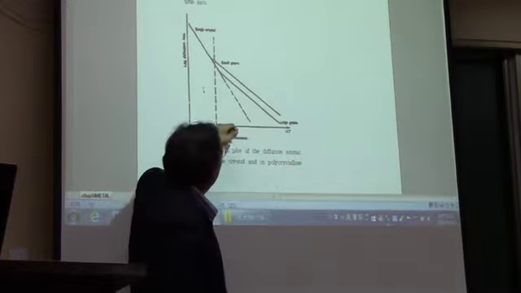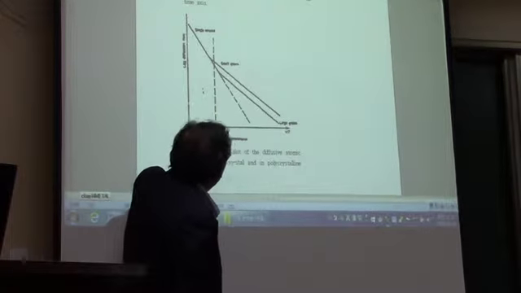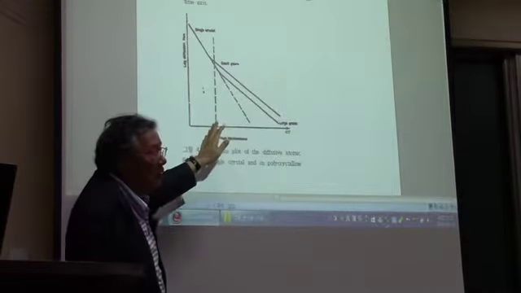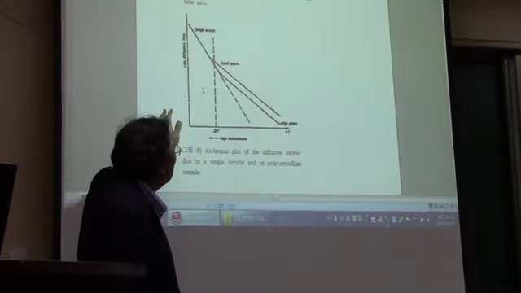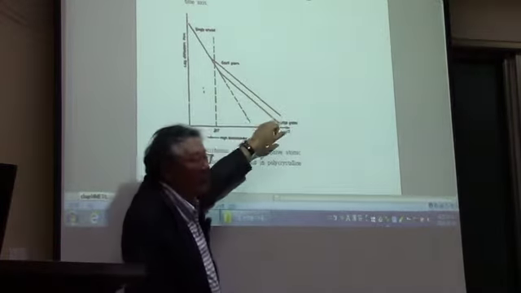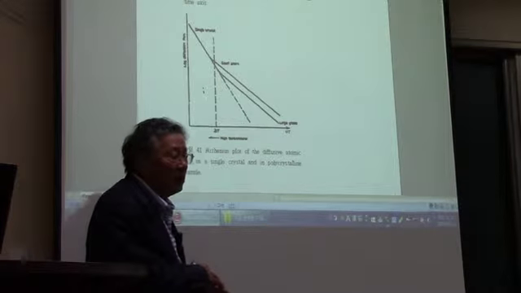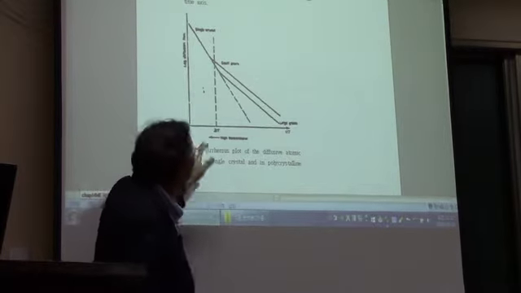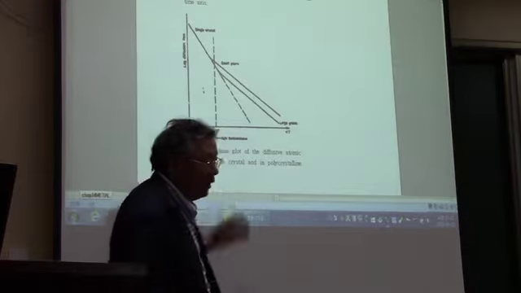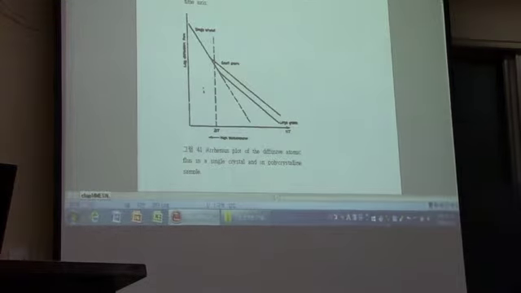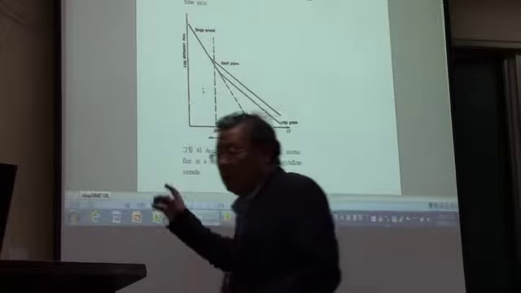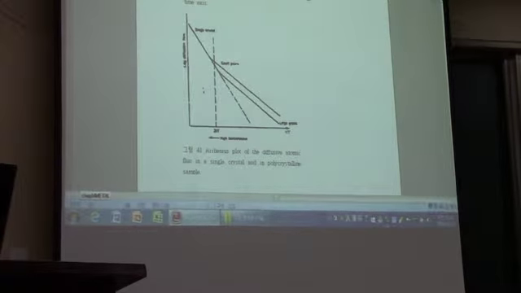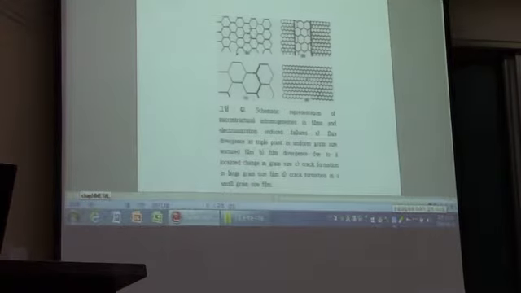Okay, but if you have a temperature more than the critical temperature, then this grain boundary effect is not going to be seen anymore. You can see only one diffusion coefficient, no matter what the grain size is. Okay, this is one of the experiments by which we can tell the grain size of your specimen.